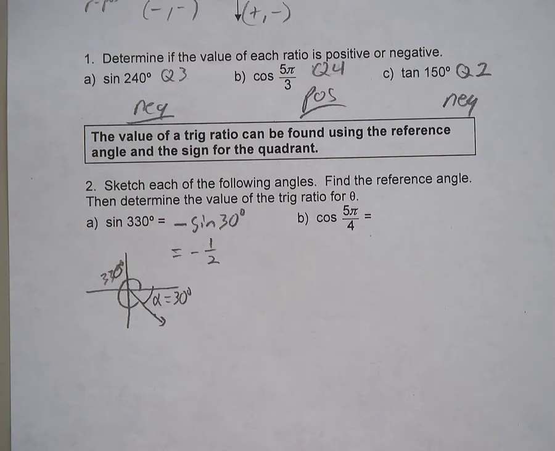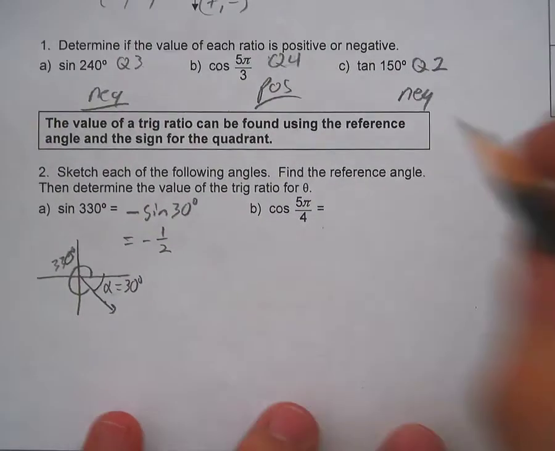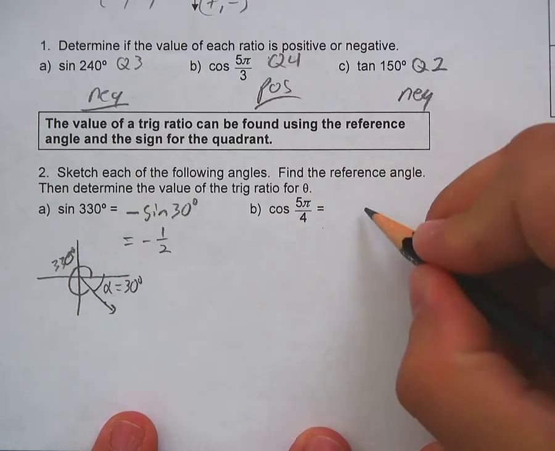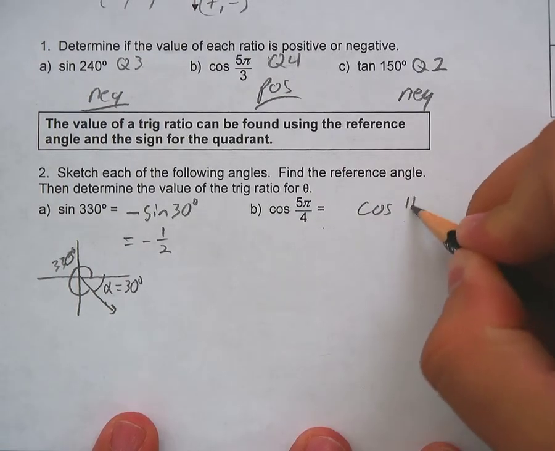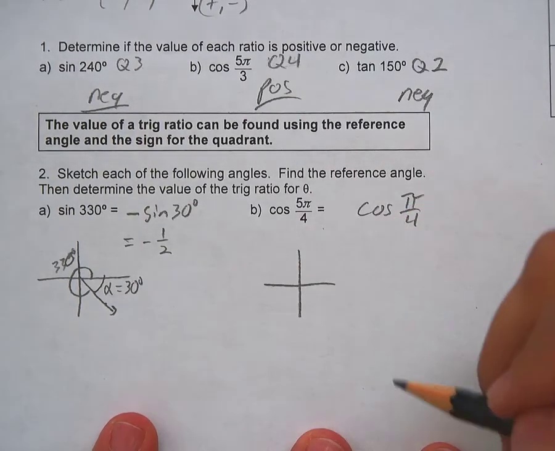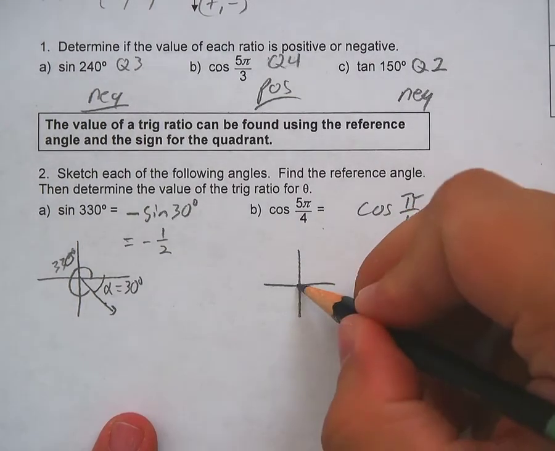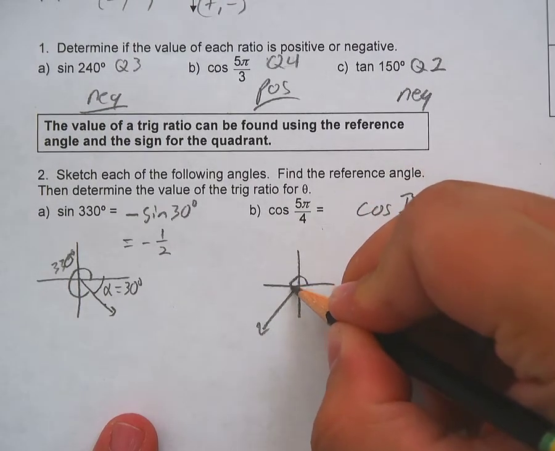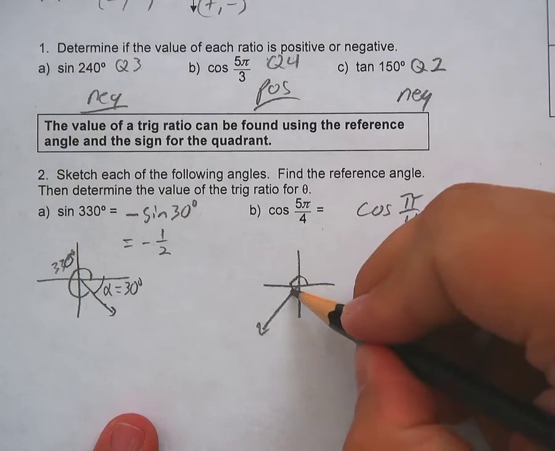Cosine of 5 pi over 4. What's the reference angle here? It's pi over 4. Question is, where is it at? 5 pi over 4 originally was here, because here's 4 pi over 4 plus 1 pi over 4.